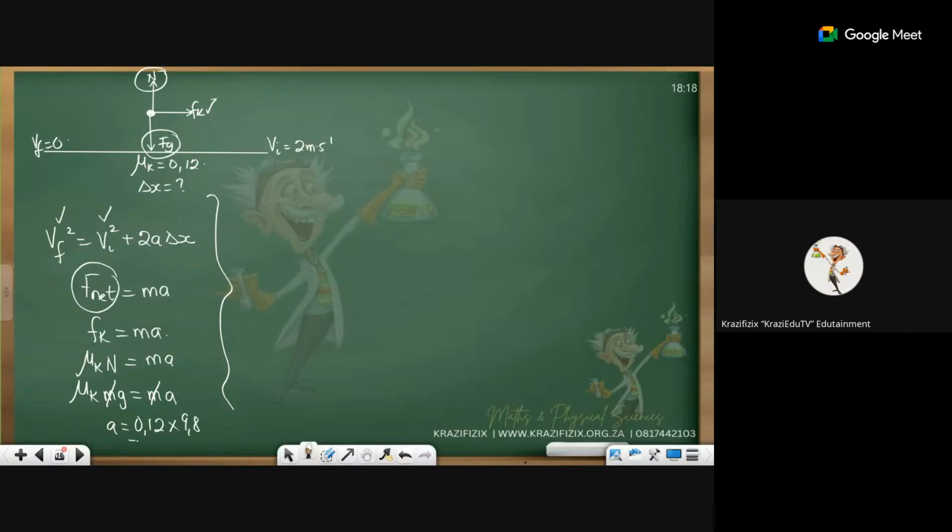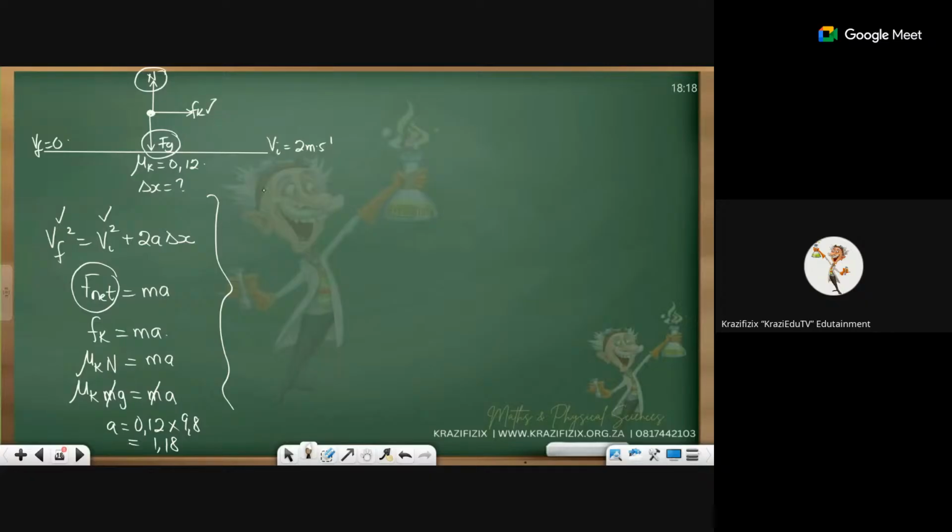But there's something I want to show you here. 0.12, 1.1... Please, guys, what do you think is happening to the acceleration? This object is actually decelerating. It's going to be negative. Must put that at the back of your mind. My speed is decreasing, so my acceleration is negative. So what do I have?